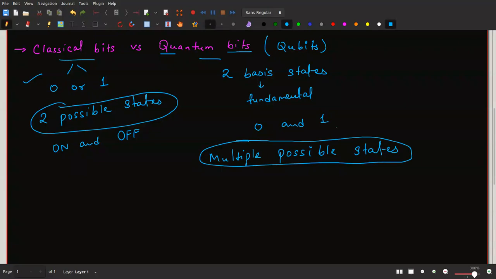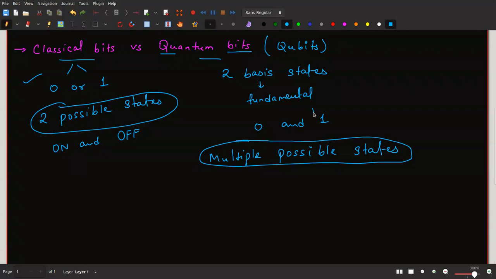Here I wrote only two possible states, but in quantum bits we can have multiple possible states. 0 and 1 are the two fundamental states, but we can combine 0 and 1 and make other states. That is where bits and qubits are fundamentally different.